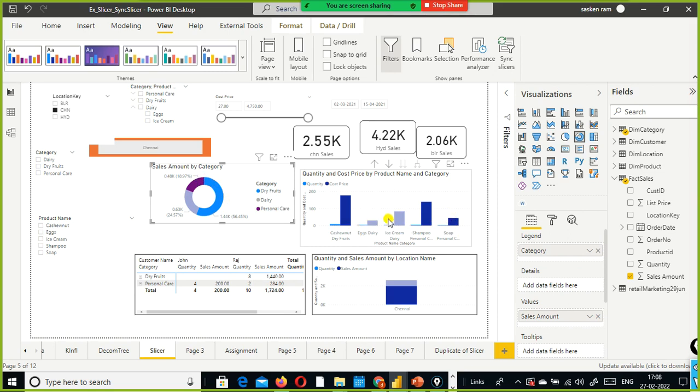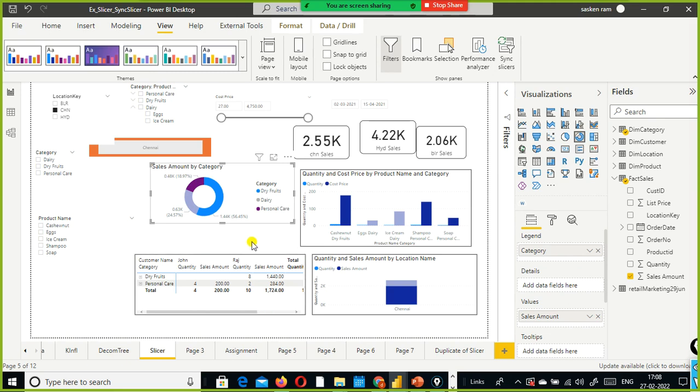The rest of the items, the non-relevant items, in this case in the bar chart, got dimmed. But there is an exception here. In this case, it is removing the non-relevant data. It is excluded.